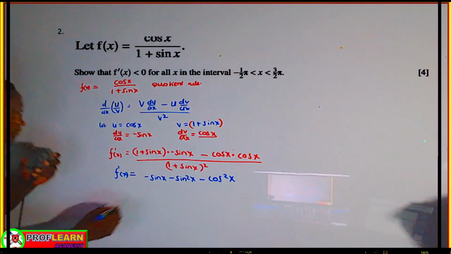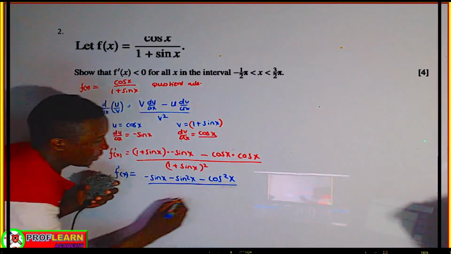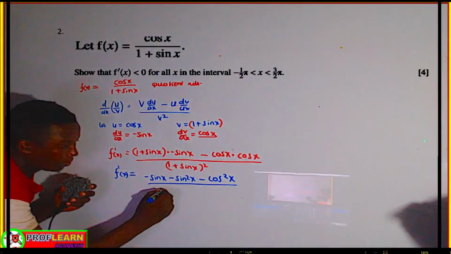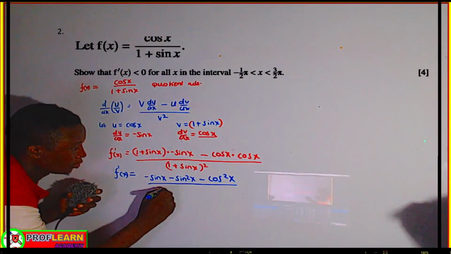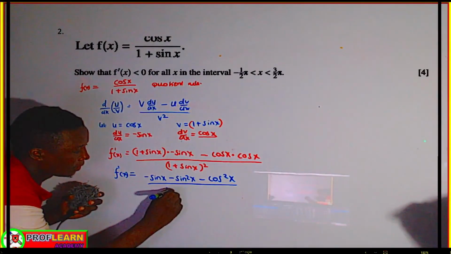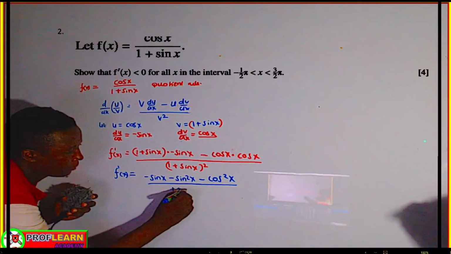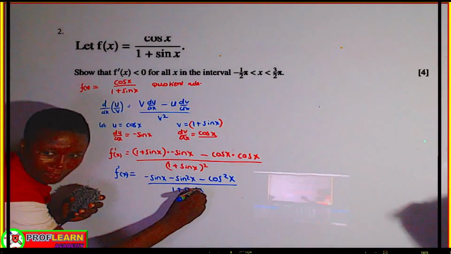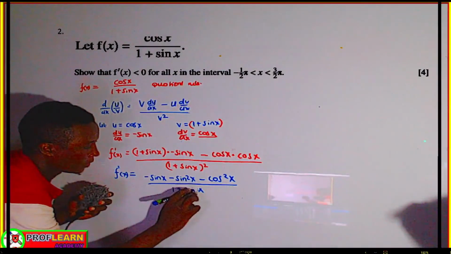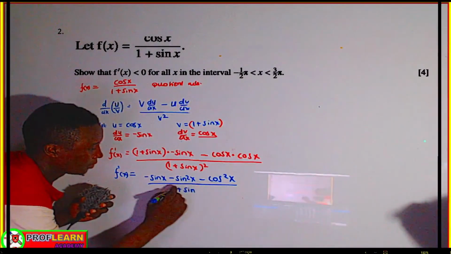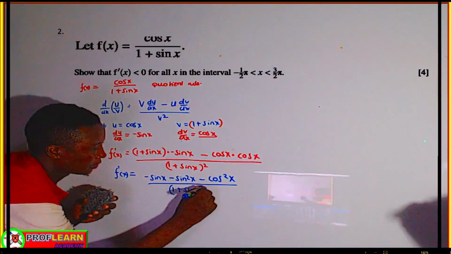That will mean that below we shall have 1 plus sine x squared.